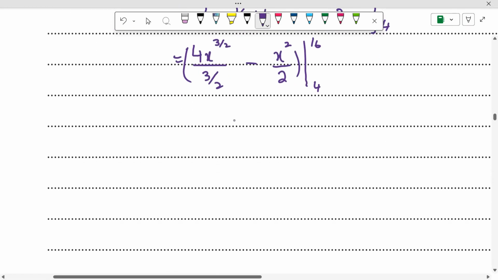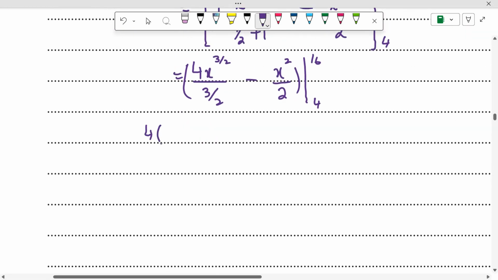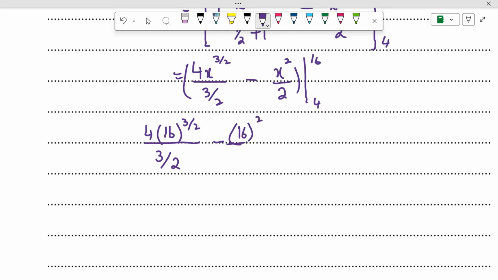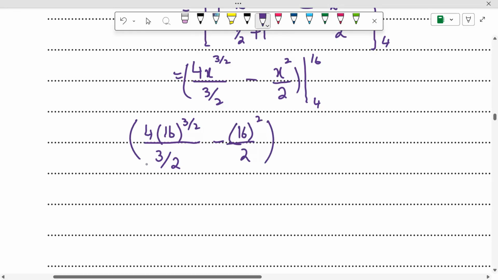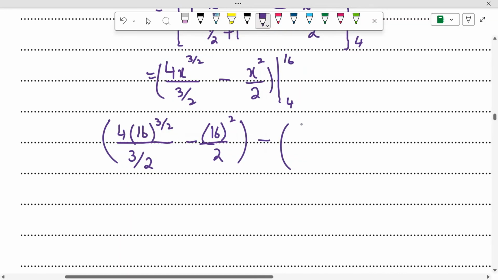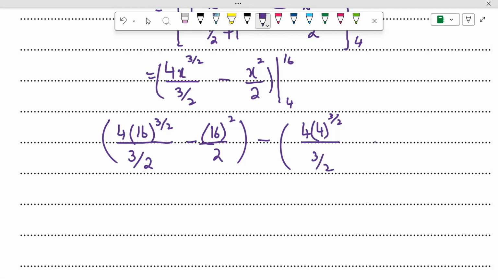Now apply the upper limit then the lower limit. So 4 times the upper limit, 16 to the power of 3 by 2 over 3 by 2, minus 16 squared over 2. This is the upper limit, minus the lower limit, which is 4 times 4 to the power of 3 by 2 over 3 by 2 minus 4 squared over 2.